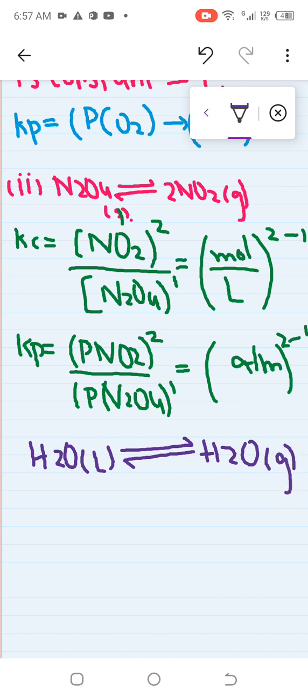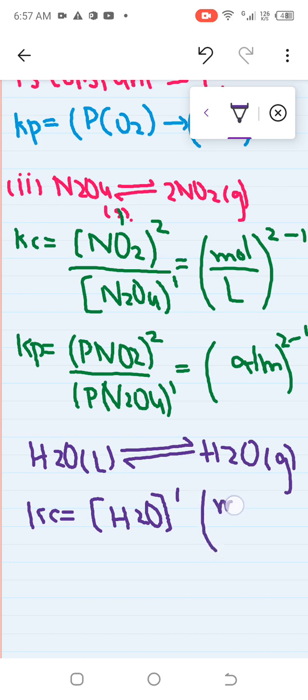So here the Kc will be equal to H2O only, and the unit will be mole per liter to the power 1 minus 0, because we have no value below.